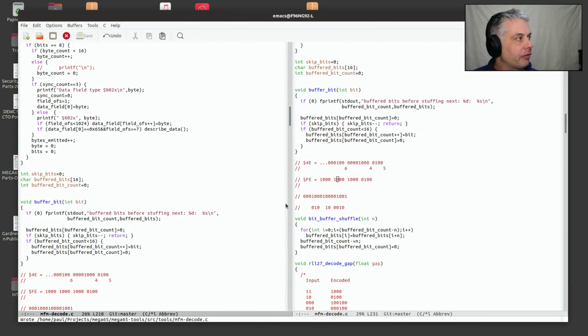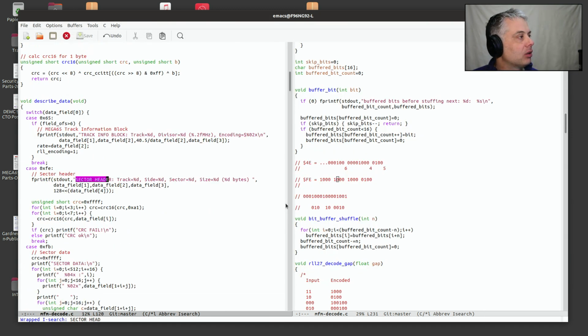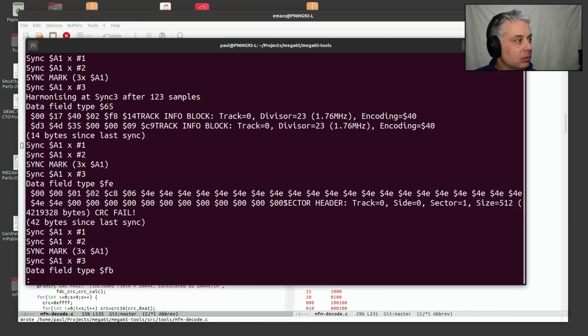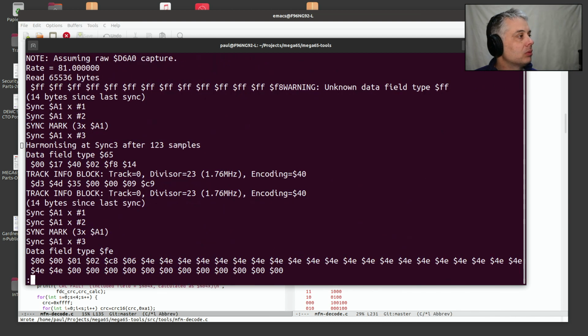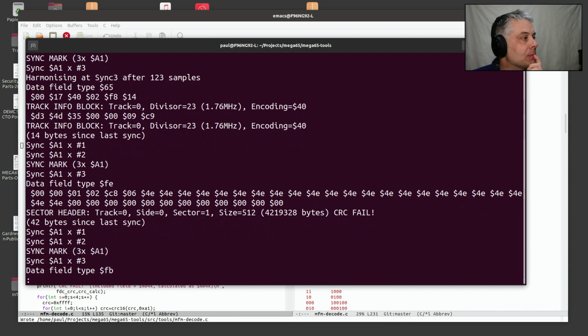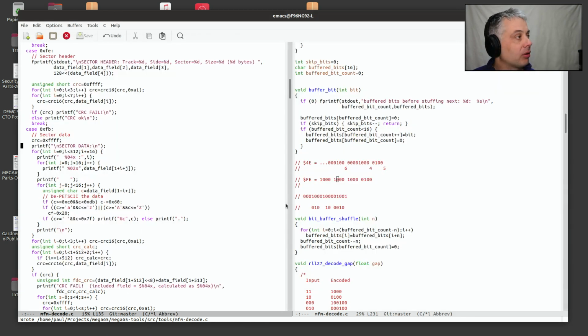I'm just going to put a new line on the front of that, because it sucks having to find these things in the middle of the goop. All of that looks correct, so it's clearly that we've just got the CRC wrong.